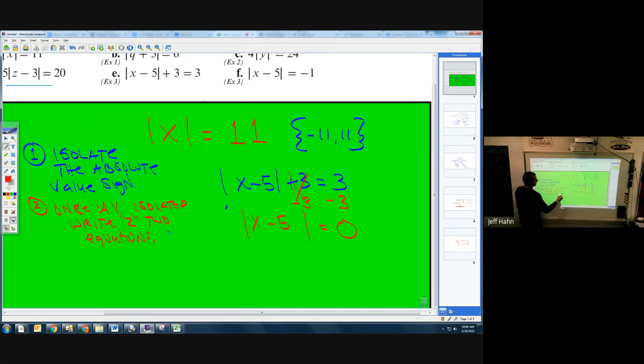Sorry, let me change this. Write two equations without the absolute value signs.